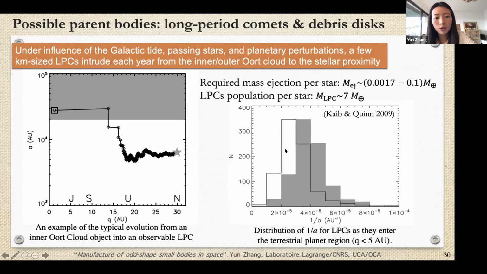And the mass budget of long period comets per star is estimated to be much larger than the required mass ejection of Oumuamua. So these long period comets can provide a sufficient supply for the Oumuamua-like interstellar objects. And the debris disks around some systems are also potential parent bodies.